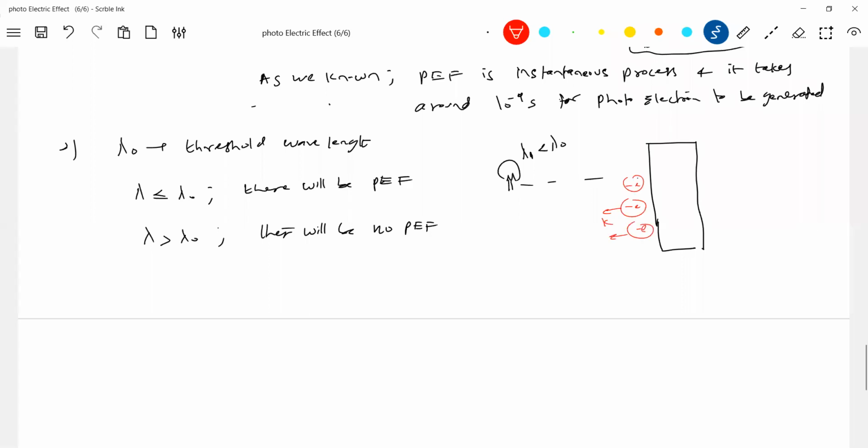Photoelectrons are being ejected. Getting this? Because what is the thing? Let me show the light incident here systematically, because this is the major idea of our discussion. Here, there is an incident light.